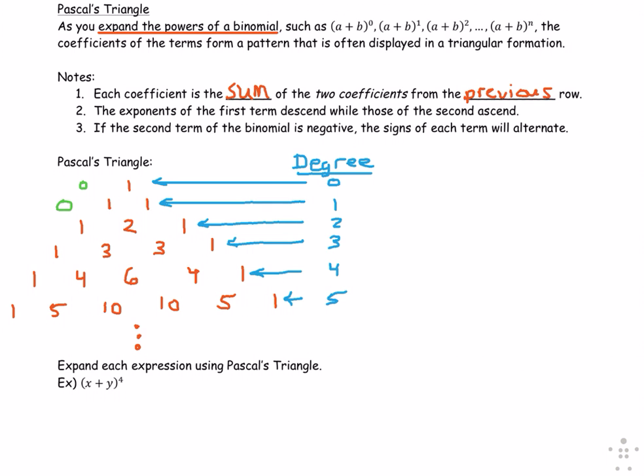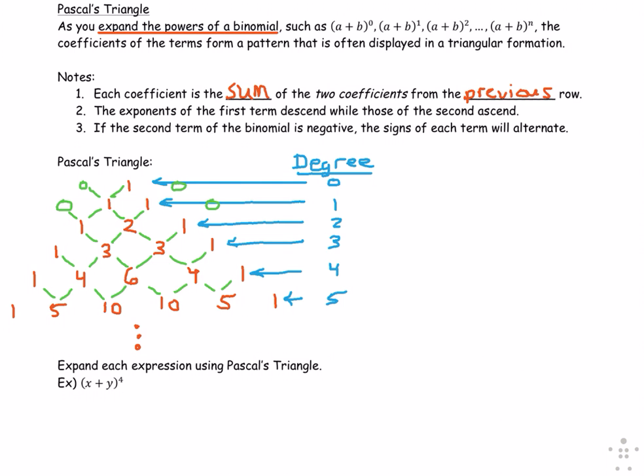Here, that's where those zeros would actually go. 0 plus 1 is 1, 0 plus 1 is 1, but just know that it starts and ends with a 1 for each row, because now when you get to using this pattern, 1 plus 1 is 2, and then 1 plus 2 is 3, 2 plus 1 is 3, so that's how I'm creating all of those numbers. And that pattern continues on throughout this whole triangle.